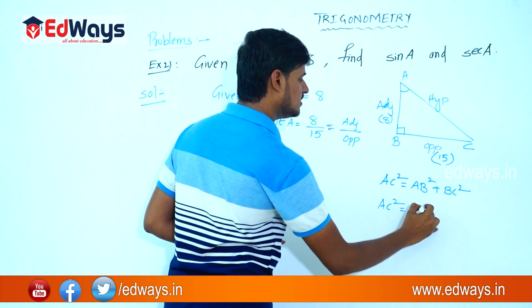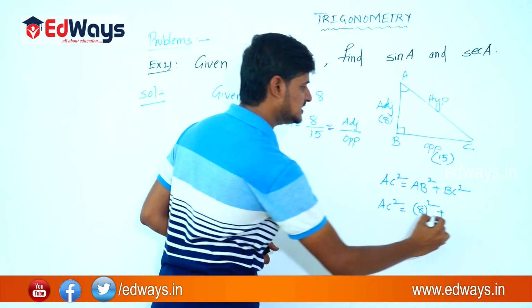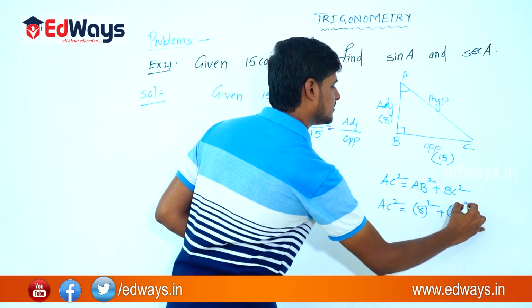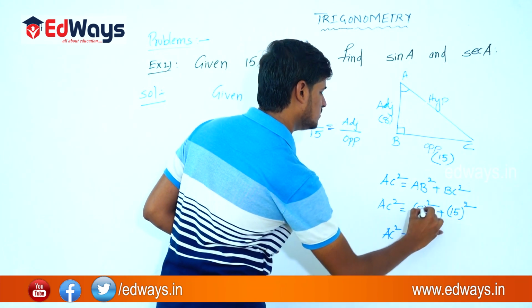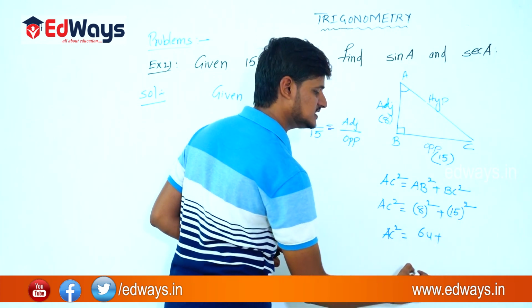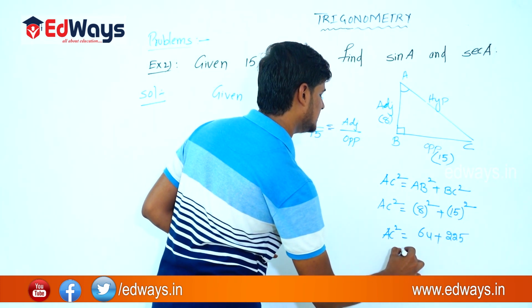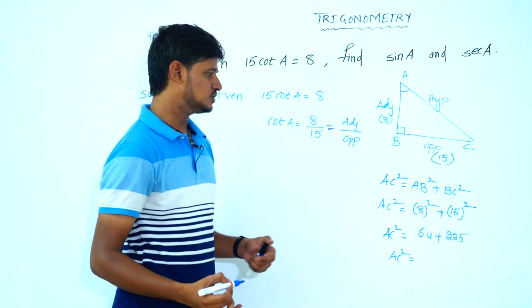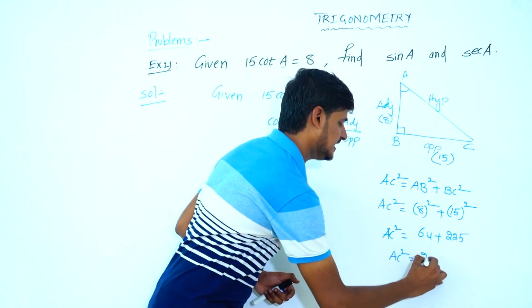What is AB? 8 whole square plus BC square. What is BC? 15 whole square, right? So AC square is equal to 64 plus 225. That means AC square is equal to 289.